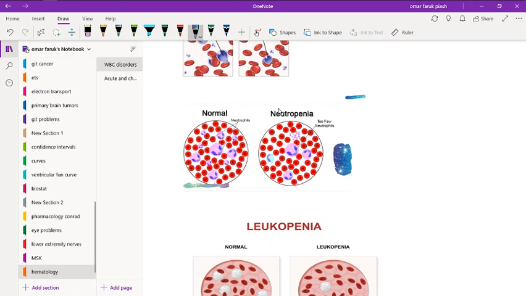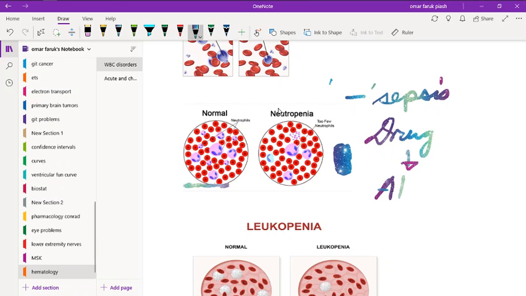So gram-negative sepsis and drug toxicity, like chemotherapeutic alkylating drugs, which work via cross-linking of the DNA. These drugs actually cause neutropenia.